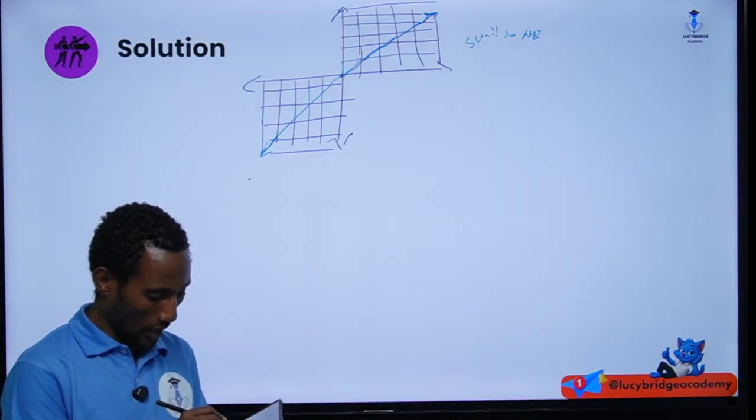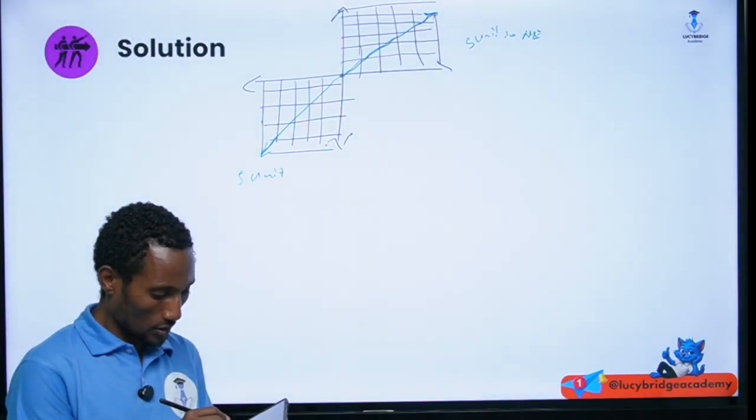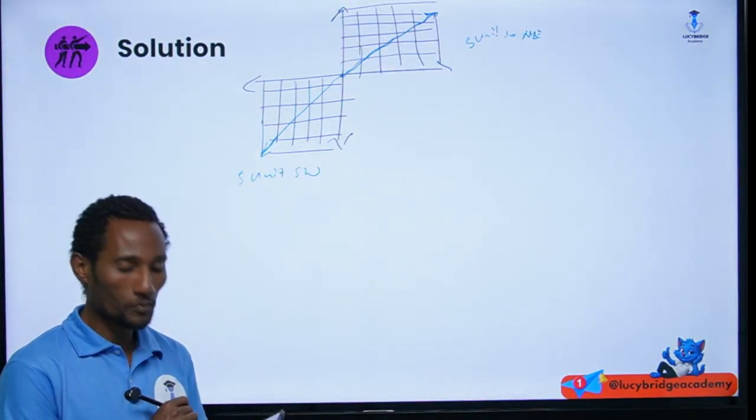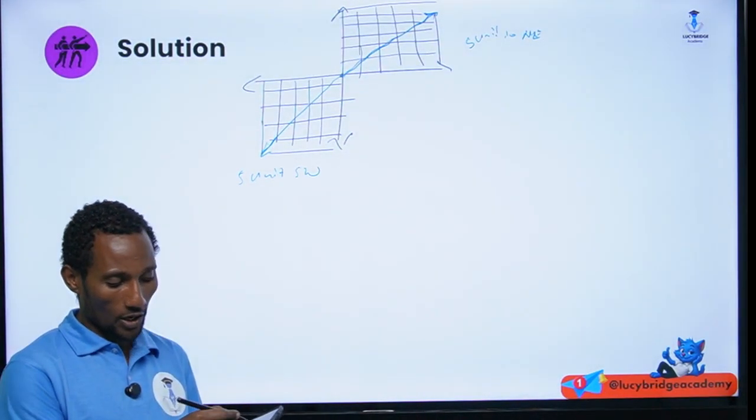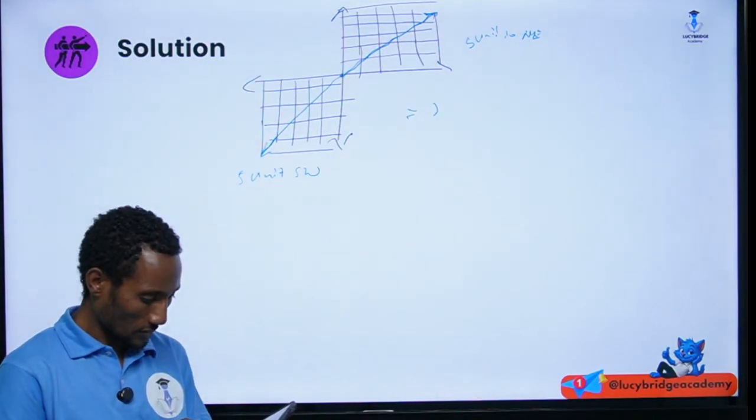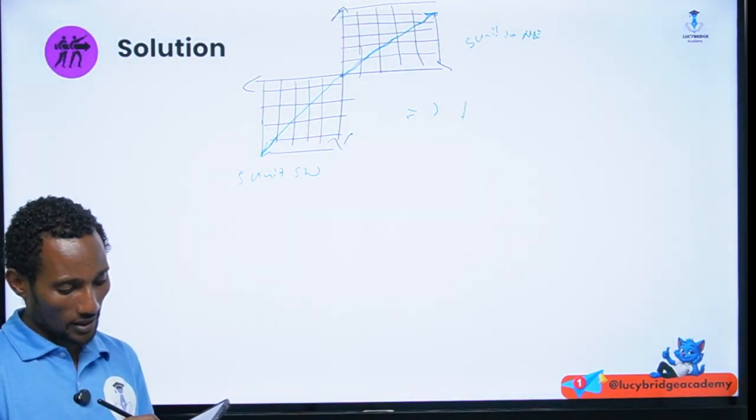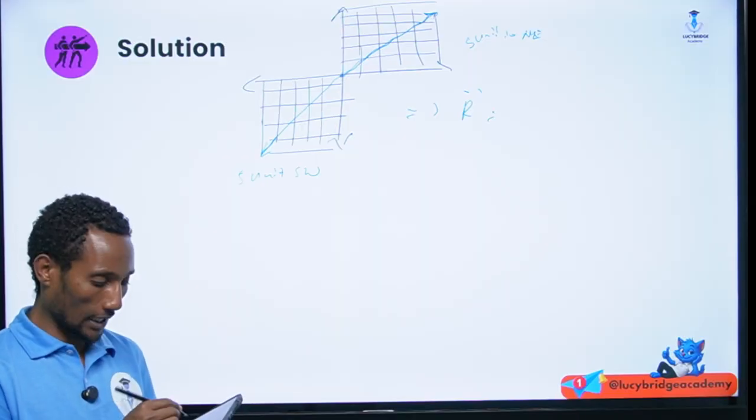In this case, they are in opposite directions.